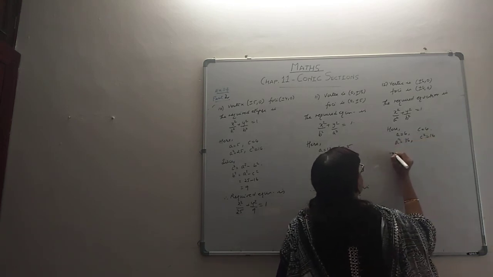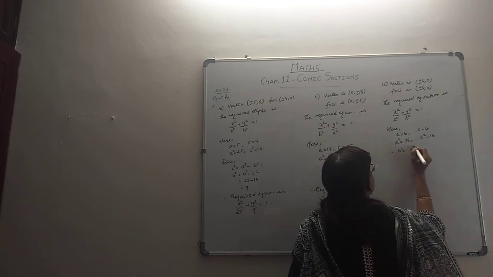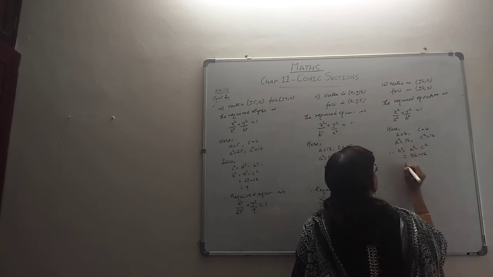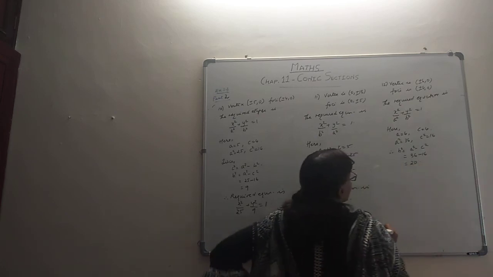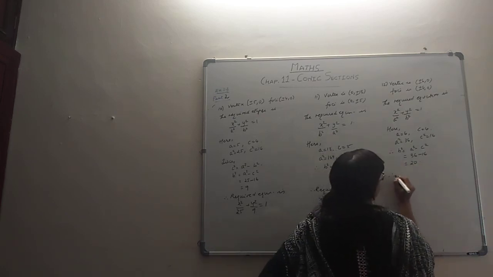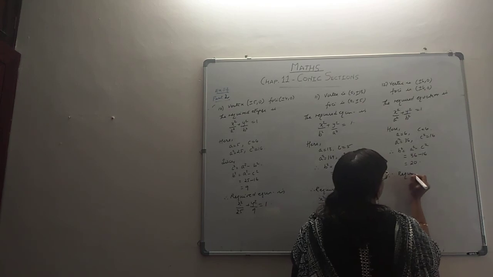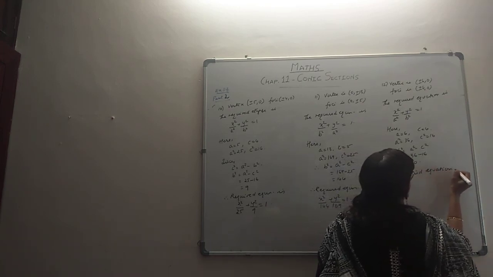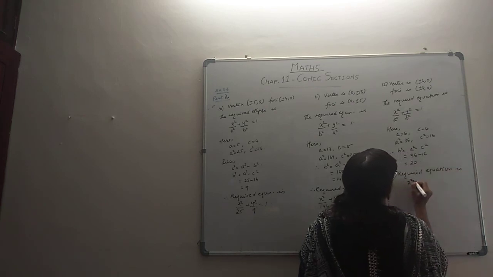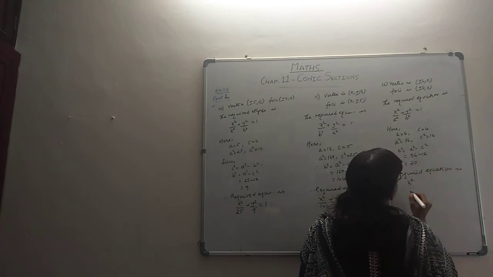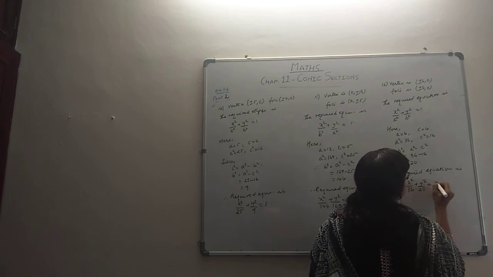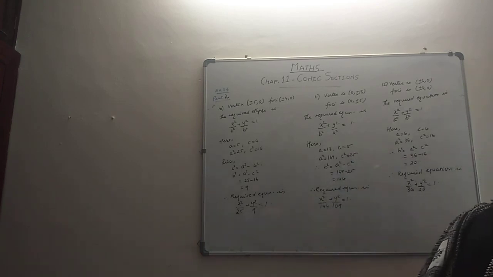Therefore b squared is a squared minus c squared, that means 36 minus 16, which is 20. Okay, you've got everything. Therefore, the required equation is x squared by 36 plus y squared by 20 equal to 1.